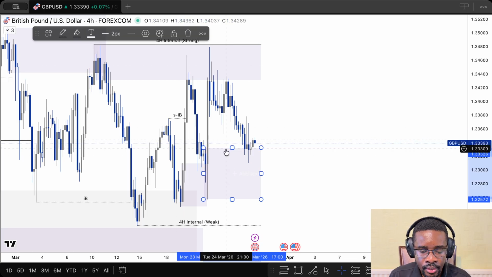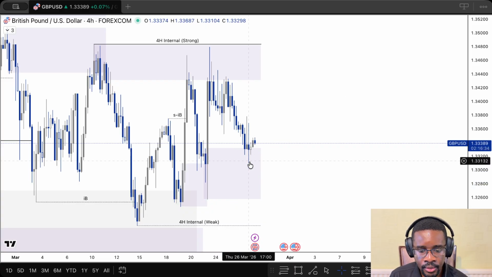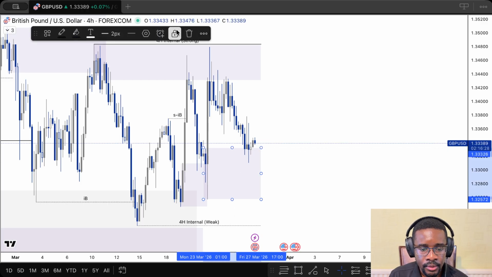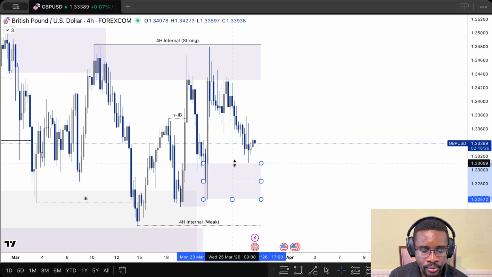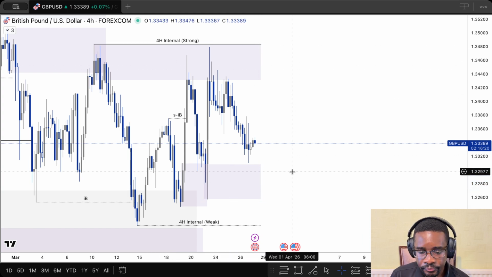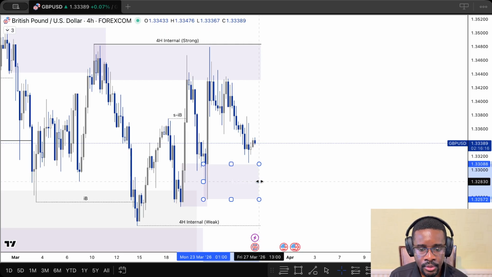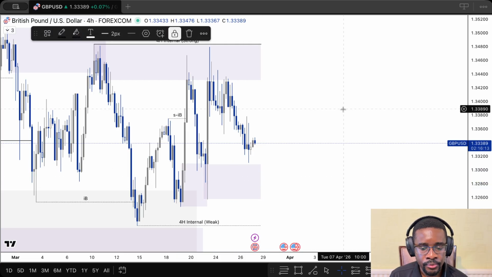So price has come into the extreme. Okay, mitigated, having kind of a reaction, but we have these wicks, so you could expect price to come into these wicks. Okay, so we'll see what happens with those wicks.